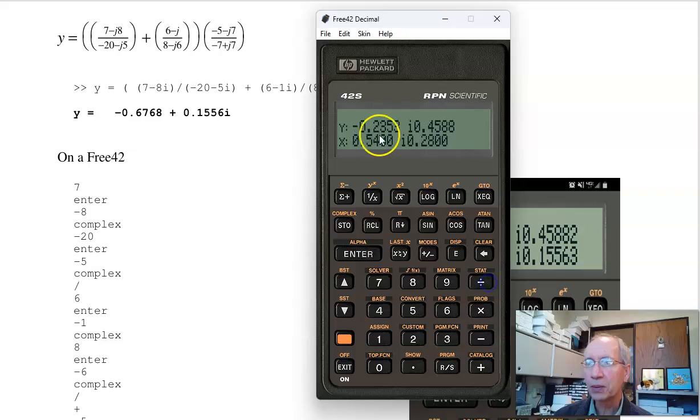Take that ratio. Now here's the first result, second result. Add those together. Multiply by 5, -7, -7 plus j7. Take that ratio. Take that result, multiply. 0.678 plus j.1556.